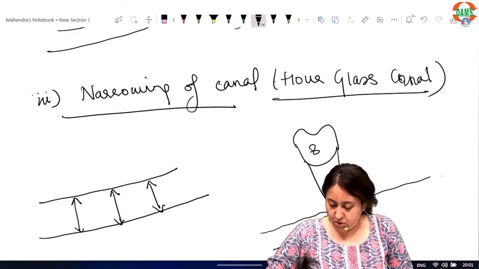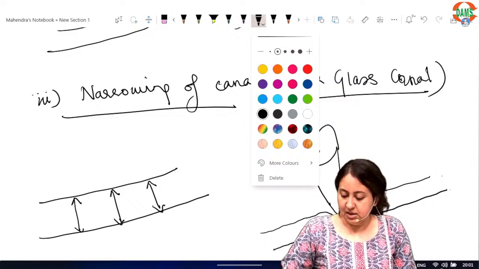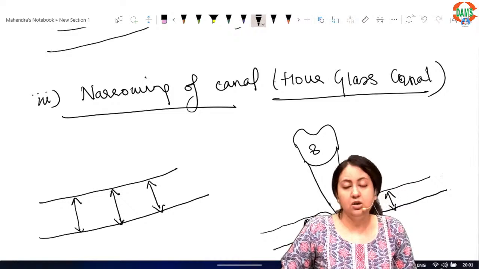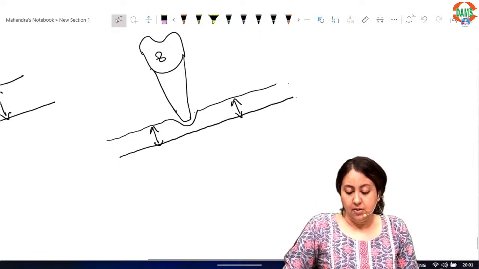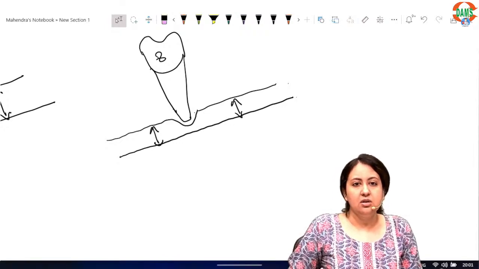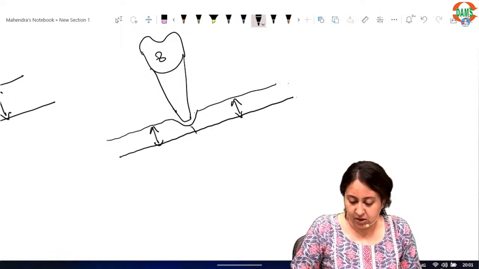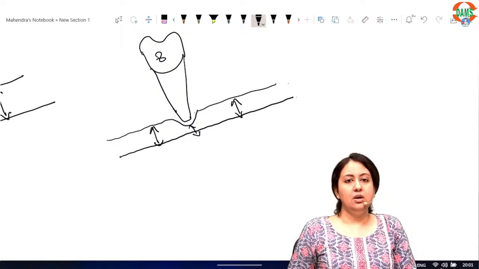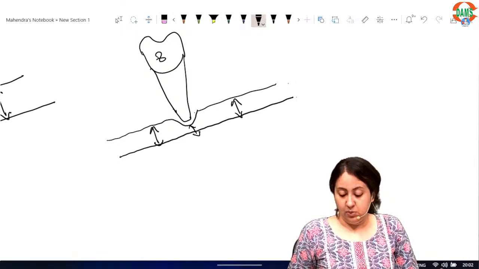The lower cortex would be maintained. So what will happen as a result is, here and here the width would be more or less equal. Where I marked these first two arrows, here and here the width would be more or less equal, but where there is sudden narrowing, the width would have decreased. Okay, the width will be decreased.